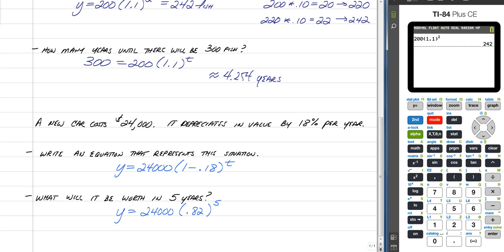So you just go to your calculator, 24,000 times 0.82 raised to the 5 years, and your car is worth approximately $897.76.